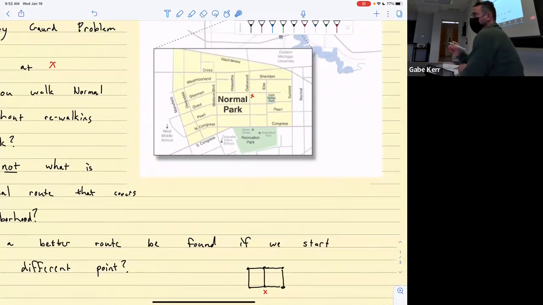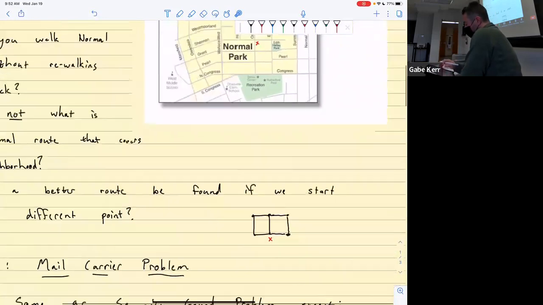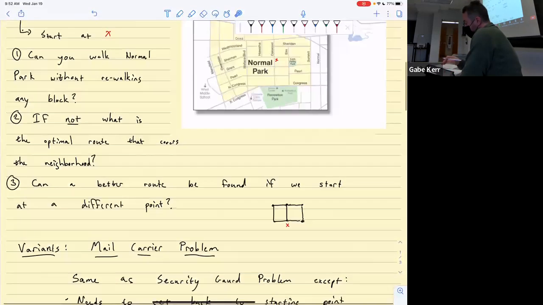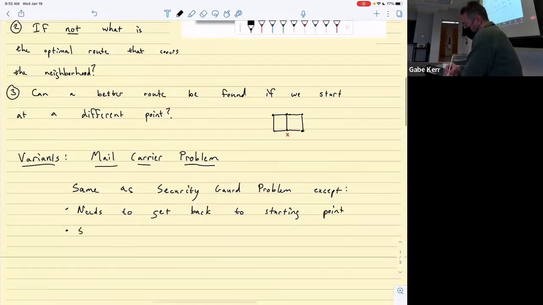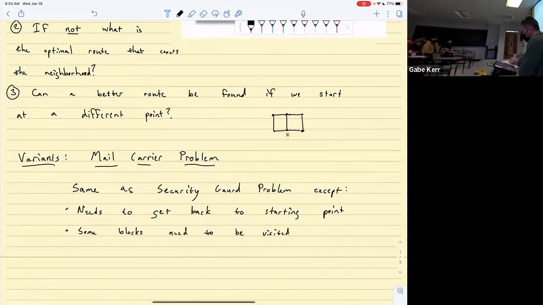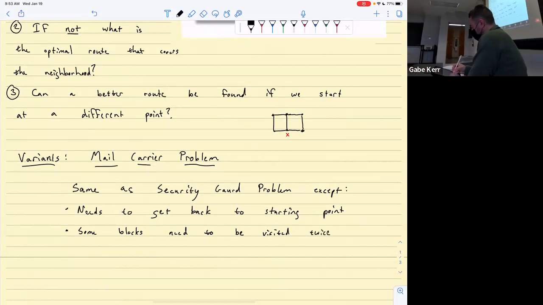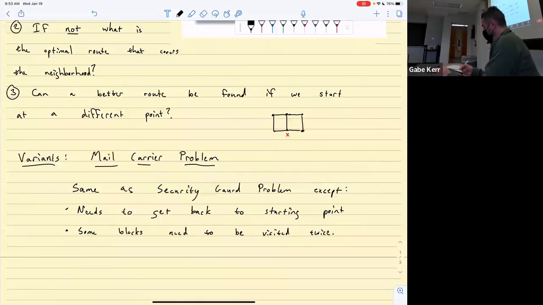On the other hand, some blocks, like this block, only have houses on one side, so the carrier will only have to do that once. So some blocks need to be visited exactly twice. So there's a variant to this problem.